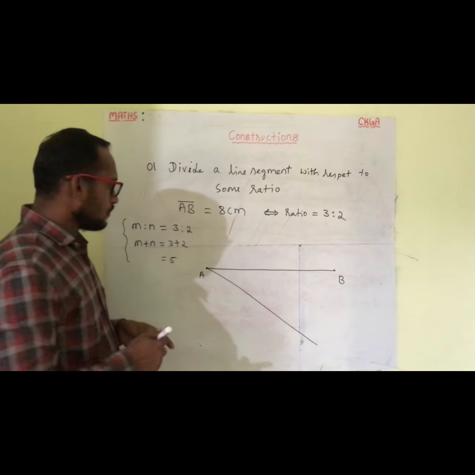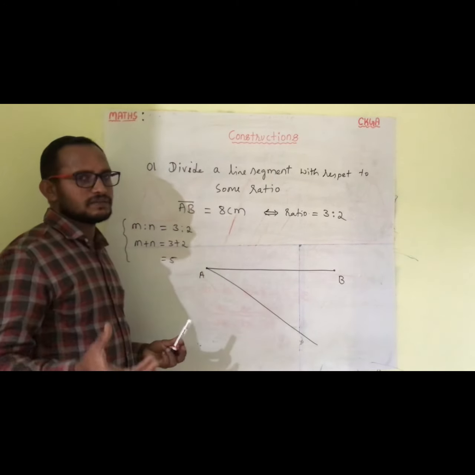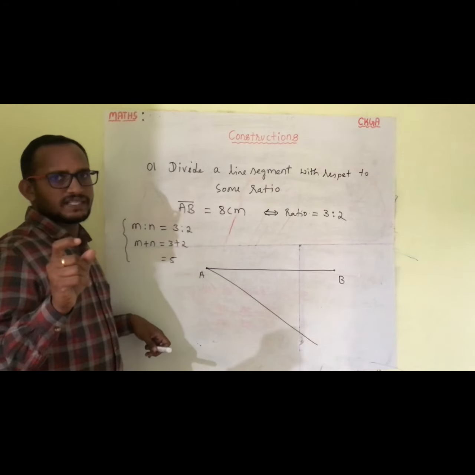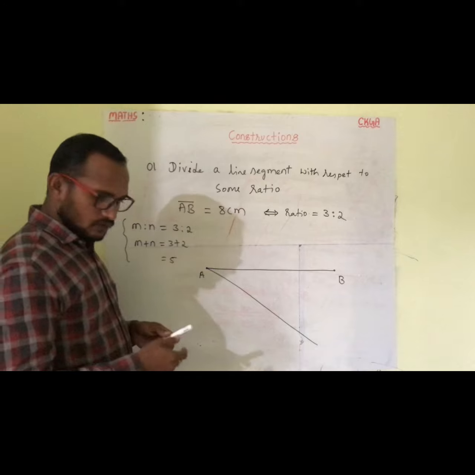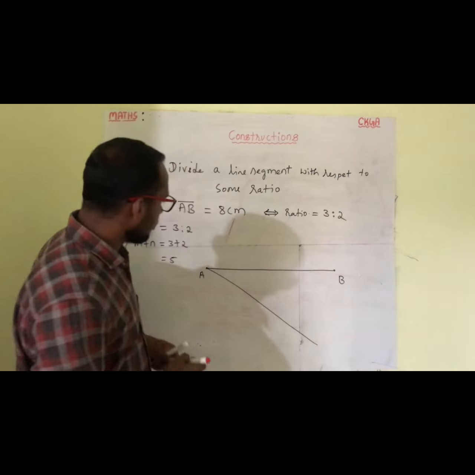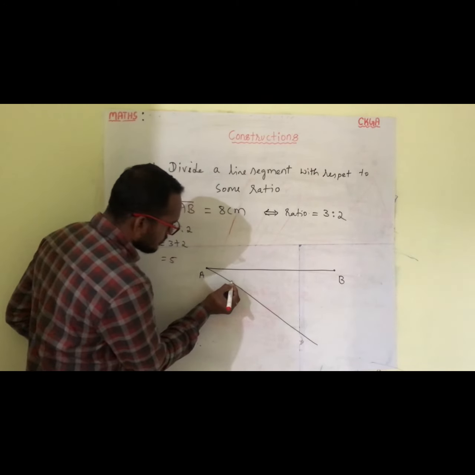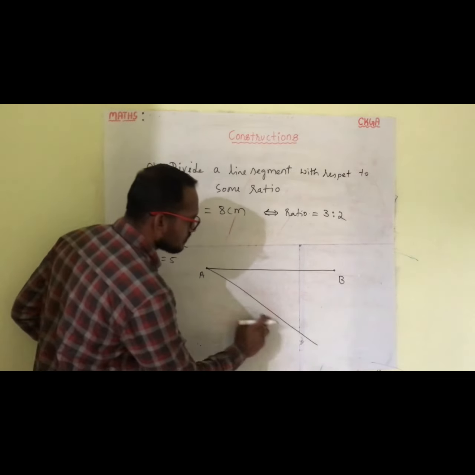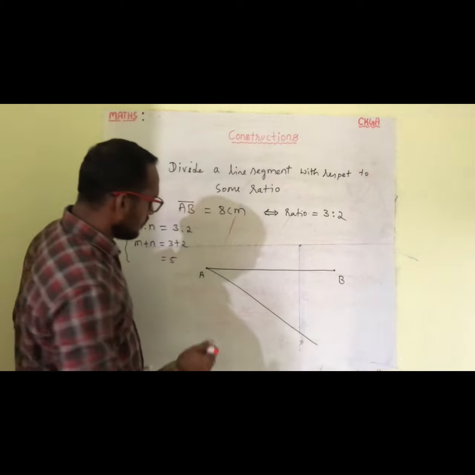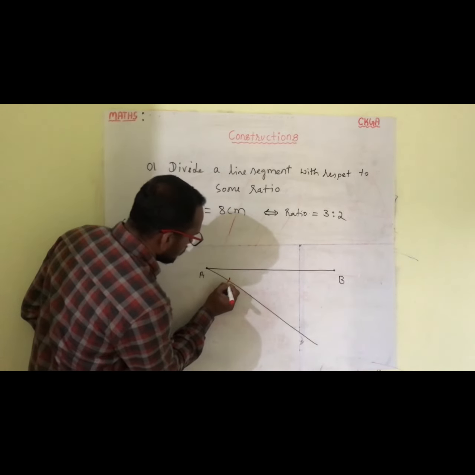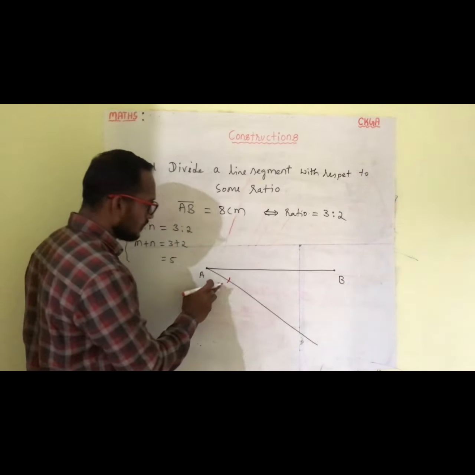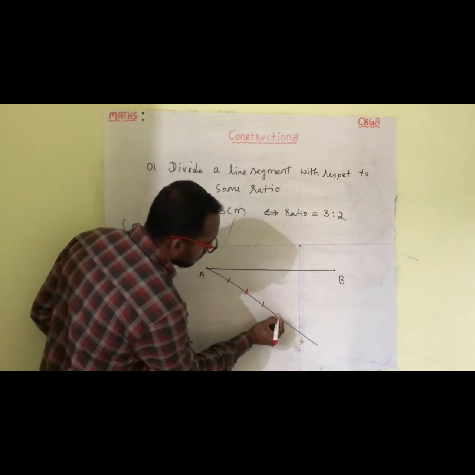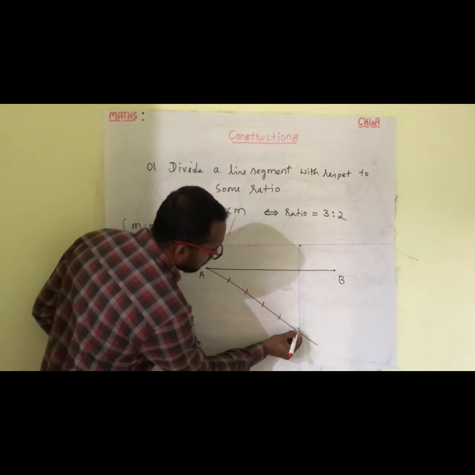Now take a compass, and approximately around 1.5 centimeters or 1.3 centimeters, keep cutting from A, just like this. Since after adding you got 5, you cut this line into 5 parts using the compass. 1, 2, 3, 4, 5.